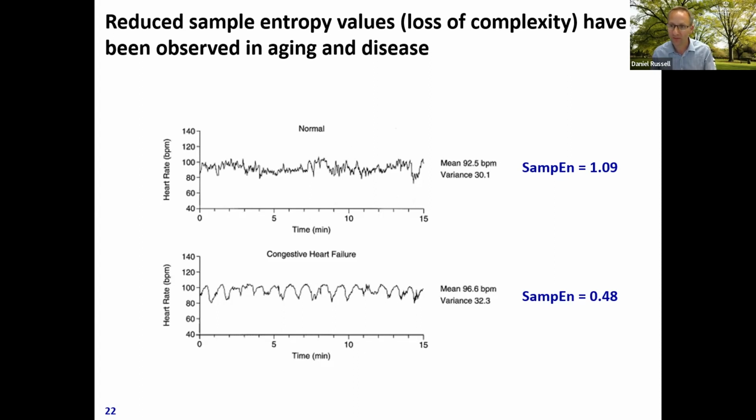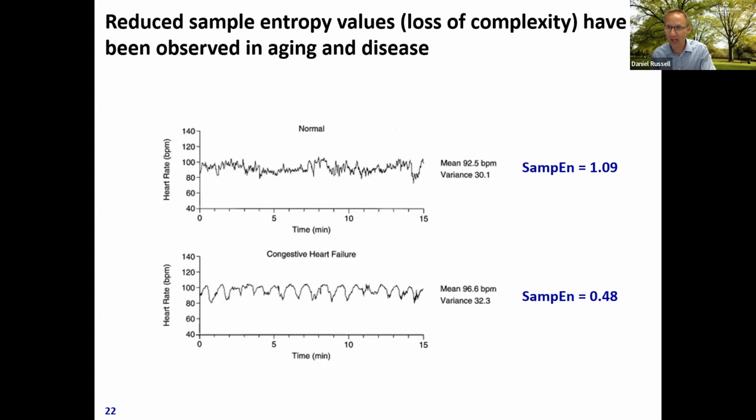And that's what the field has discovered: if your heart rate is highly predictable, that is a bad thing. The general understanding, the theory of what that might be saying, is that we are losing timescales within the variability of our heart rate, and that means we are less adaptable.